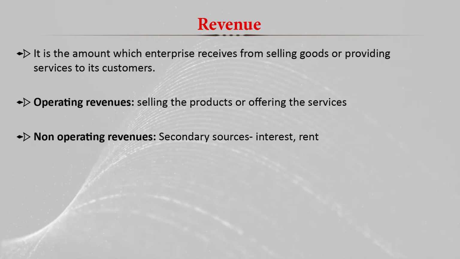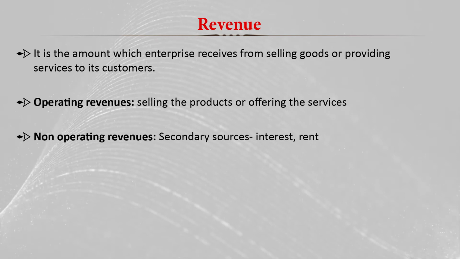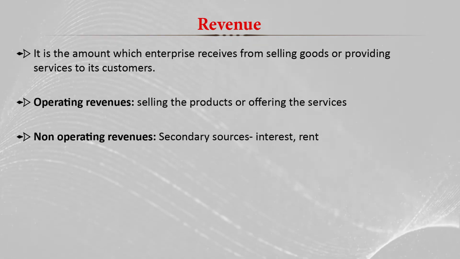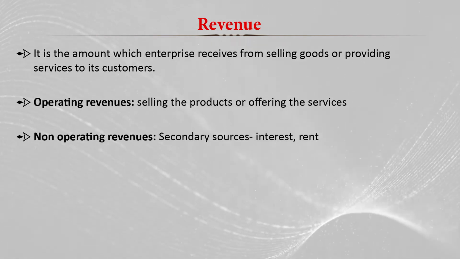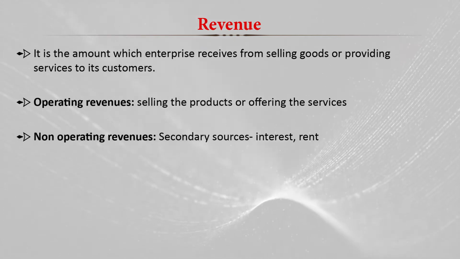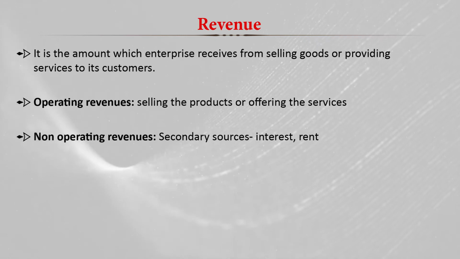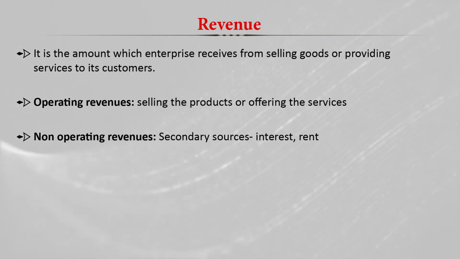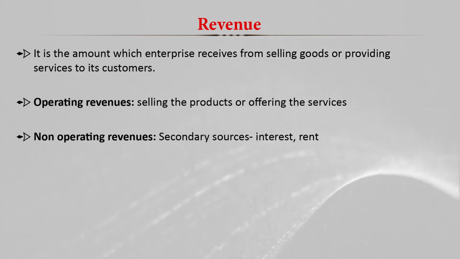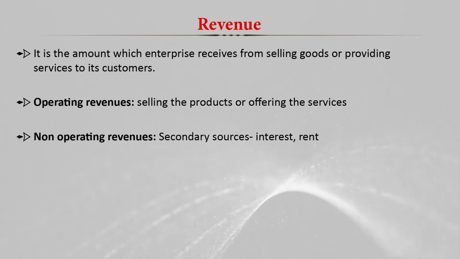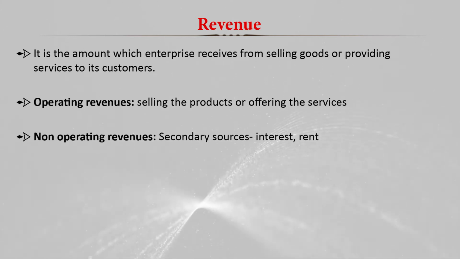So whatever the receipt due to the selling of the products is part of the revenue and the operating revenue. And then there are some secondary sources of income, like interest on a deposit or fixed deposit, or rent on some machinery or building the company or firm has.